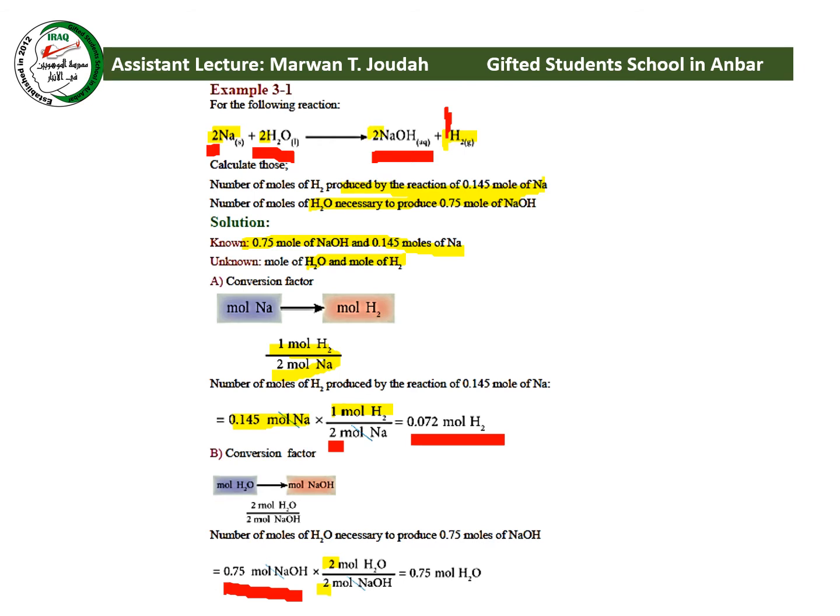So we get 0.75 moles of H2O. It's simple. Depending on the number of moles of a substance, we are able to find out the number of moles of a missing substance.